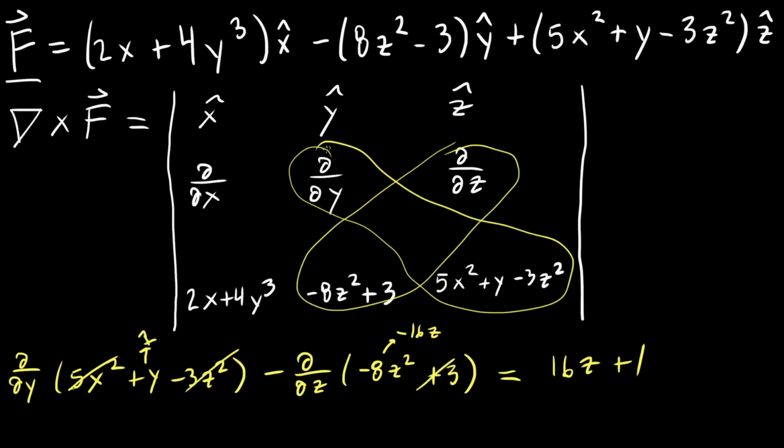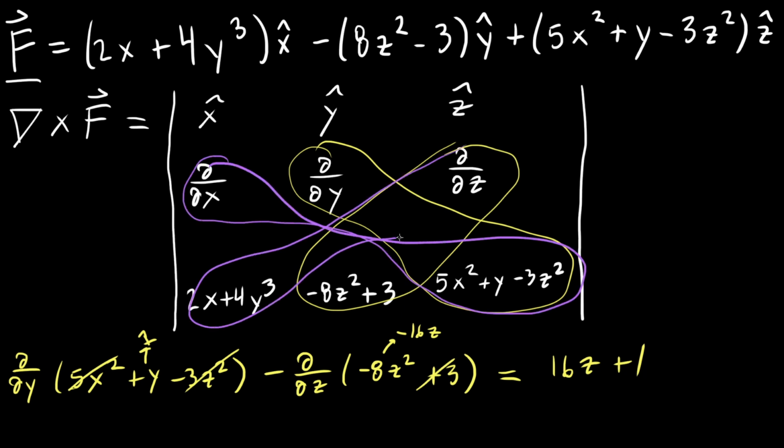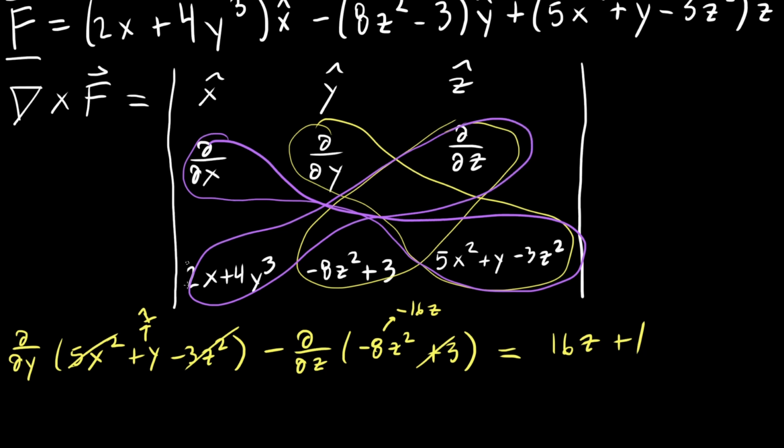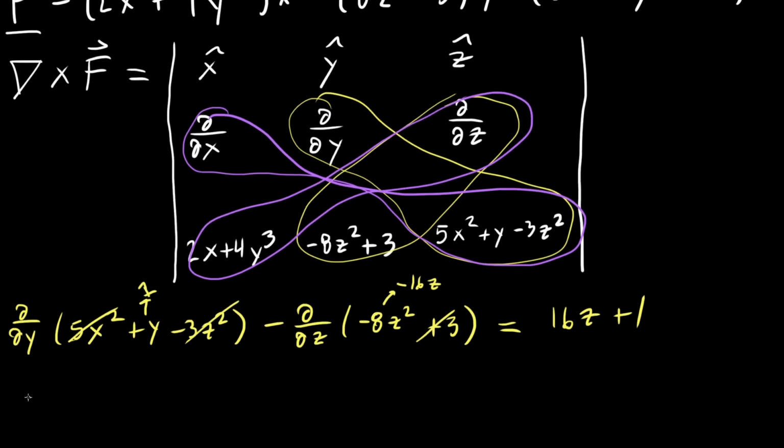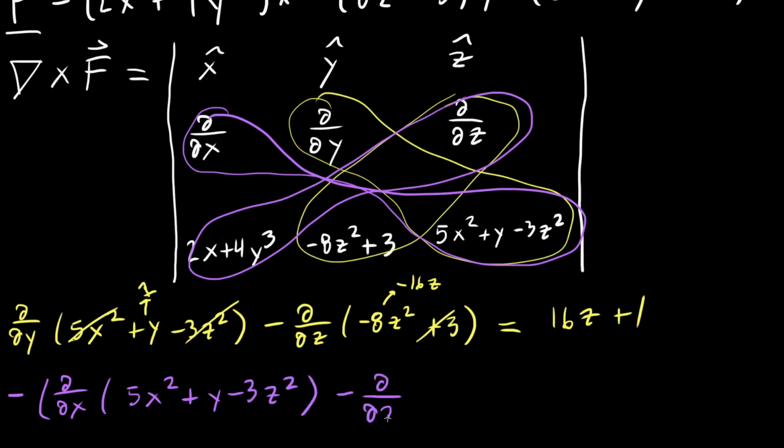Okay, so in order to find the y component, we'll compute along this. And for this one, there is a negative in front. So it will be the partial of x of 5x squared plus y minus 3z squared minus partial of z of 2x plus 4y cubed.